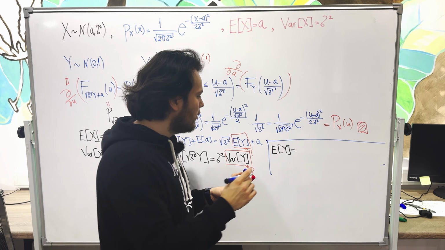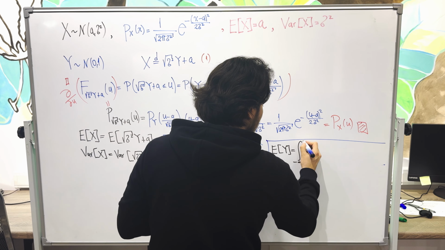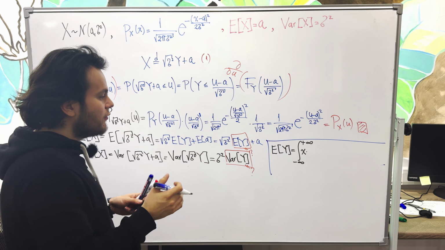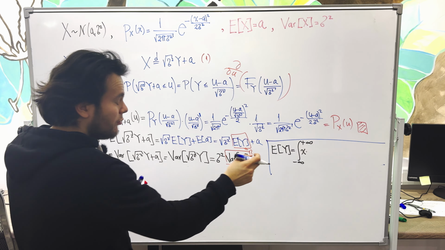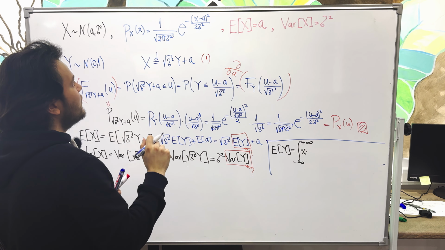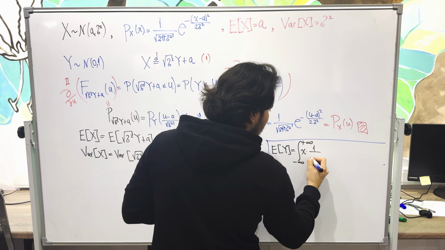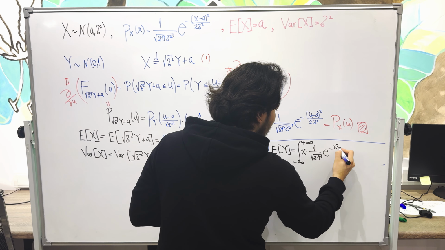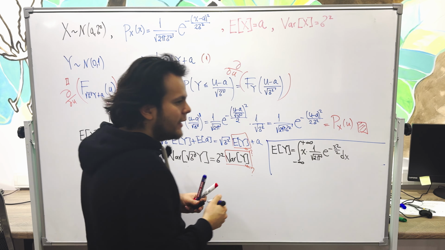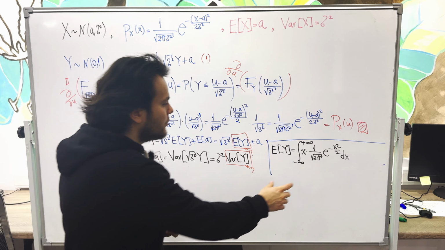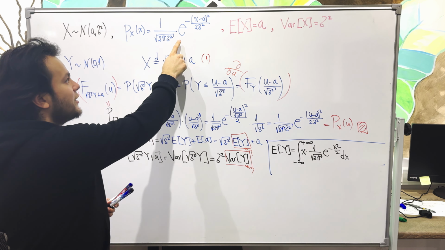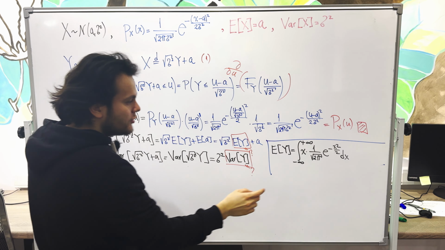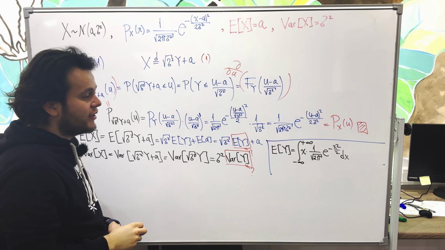So the integral from minus infinity to plus infinity of x multiplied by the PDF of the random variable y, and the PDF is given by 1 divided by the square root of 2 pi times e to the minus x squared divided by 2, dx. Again, let me remind you that I obtained this from this formula right here. The difference is that a is equal to 0 and sigma squared is equal to 1. So all that I have to do is to solve this integral.